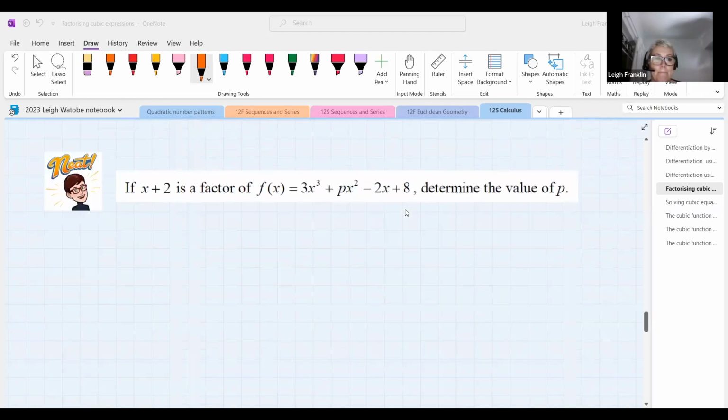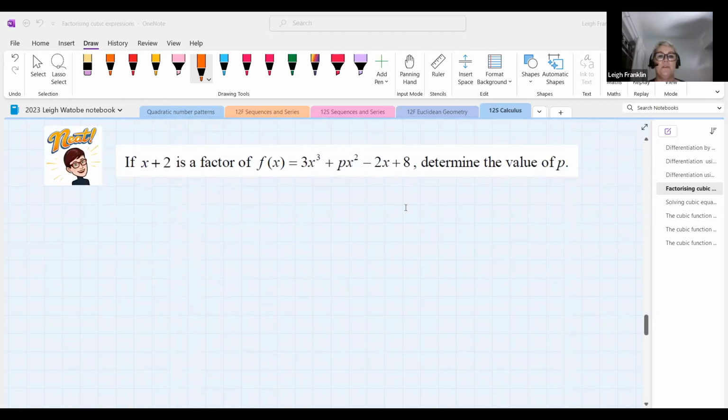Okay. So if x plus 2 is a factor of f of x, determine the value of p. What do you think we should do here? Cindy, go for it.